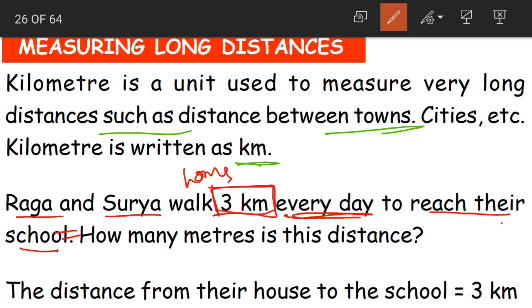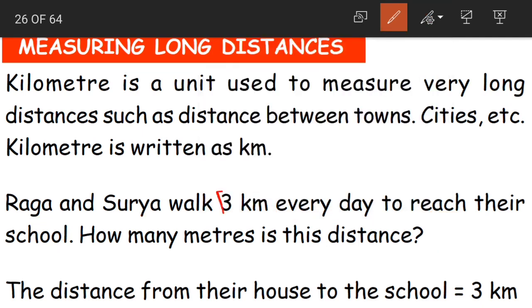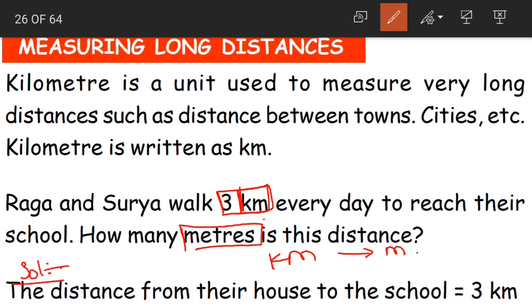Now, how many meters is this distance? In the question, the distance given is in kilometers, and we have to find out the distance in what, children? In meters. That means we have to convert the given distance, which is in kilometers, into meters.